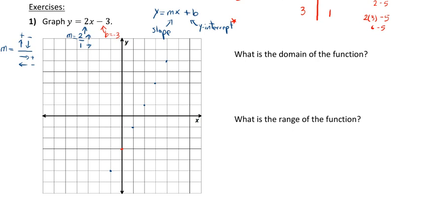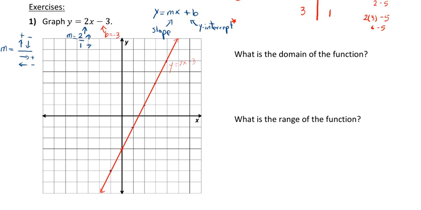I am going to put it here because I know that the next point is going to pass through that corner. Passing through all the points, it should look like that. We always put arrows on the ends because the line is infinite. And we can always write a name. This is y is equal to 2x minus 3. So that's it for graphing the line using the slope and the y-intercept.